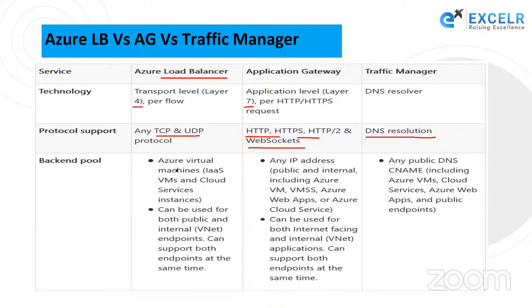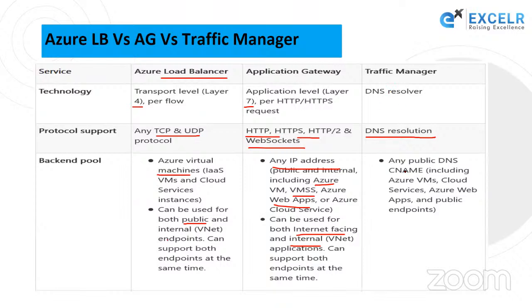In the backend pool, you can have a virtual machine, and you can also have a virtual machine scale set. In the backend pool of your application gateway, you can have any public IP address machine. It can be your Azure VM, it can be VMSS, it can be your web apps, or any Azure cloud service. It can be both internet facing as well as internal. So this supports this also.